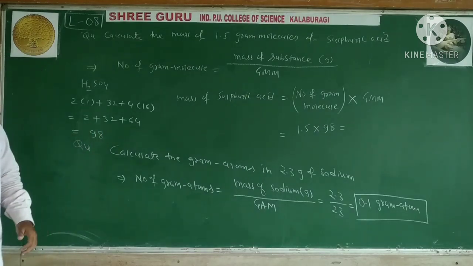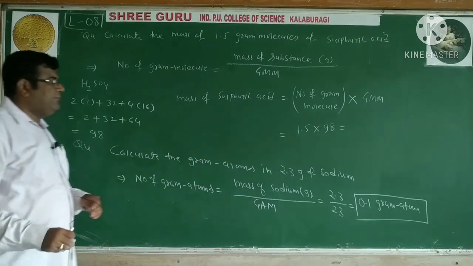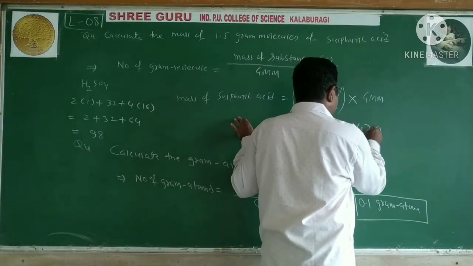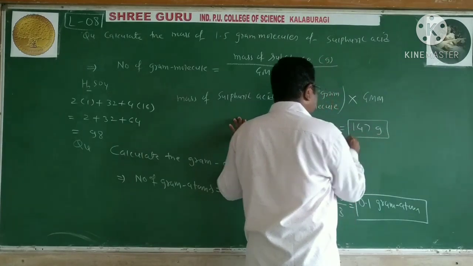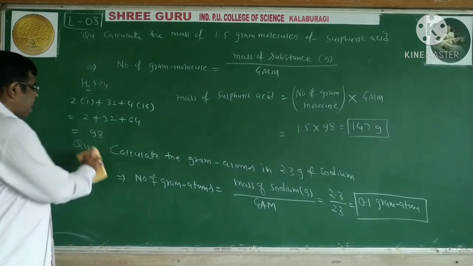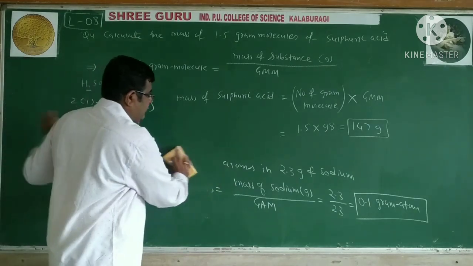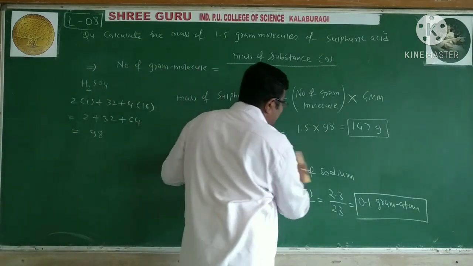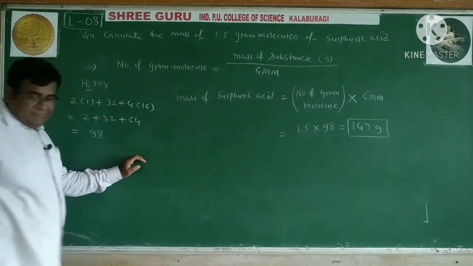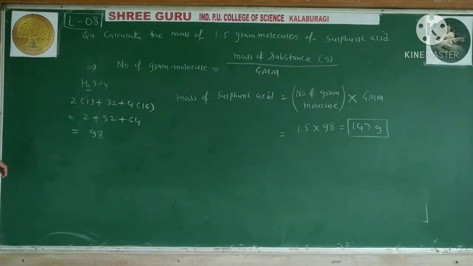So 1.5 into 98 is 147 gram. This is our answer here. Not difficult questions these are, but they are different technically. Gram atoms and gram molecules, these words, we should be comfortable with.